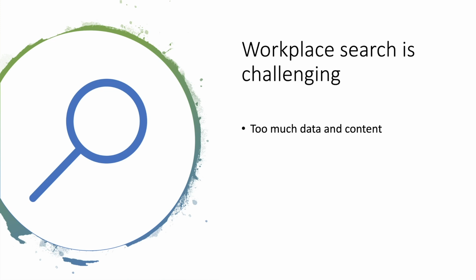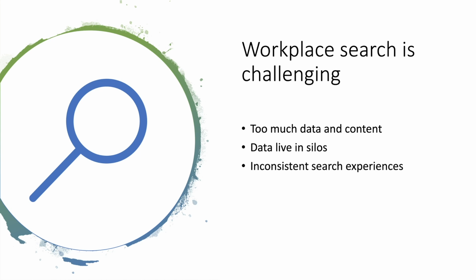Data in organizations is almost always living in silos. Whether it's an on-prem file share, a custom database, or a cloud service, users need to go to many different places to find the things that they're looking for. Making matters worse, these disparate data sources usually have their own inconsistent user experience for search, making it very jarring.